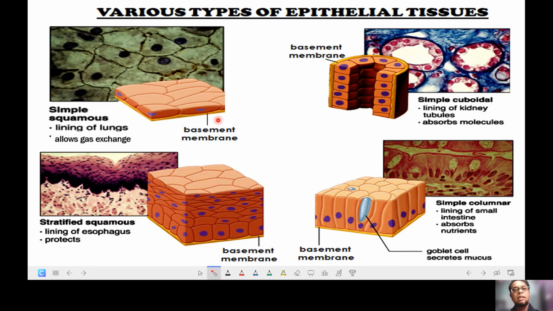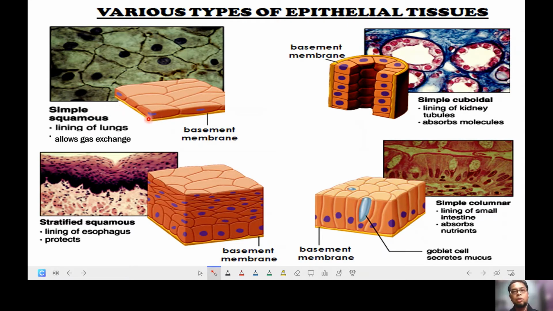If we look at this tissue on the left-hand side, we should notice that this tissue consists of the flat and thin squamous epithelial cells, and there is only one layer of these cells. And so, this tissue is known as the simple squamous epithelial tissue. Why squamous? Because of the squamous epithelial cells. Why simple? Because there is only one layer of cells.